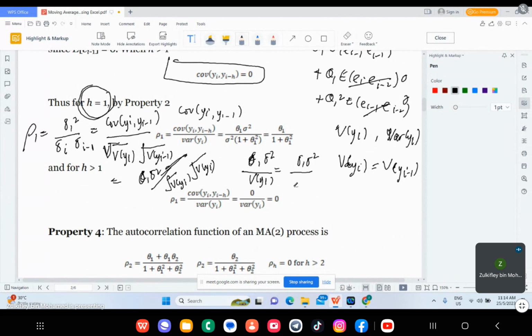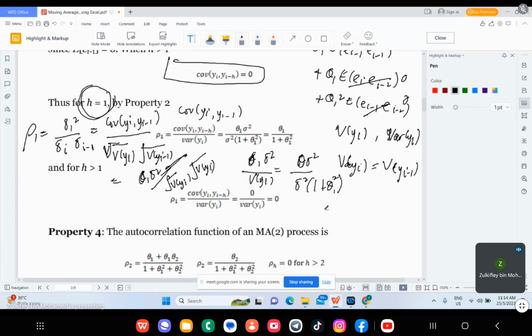Variance of yi is sigma square plus, ataupun untuk MA1, variance of yi dia adalah sigma square times 1 plus theta 1 square.